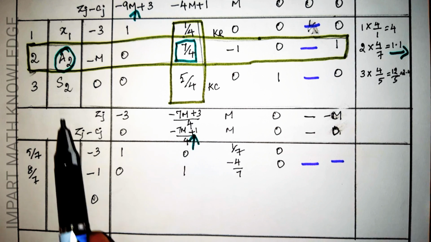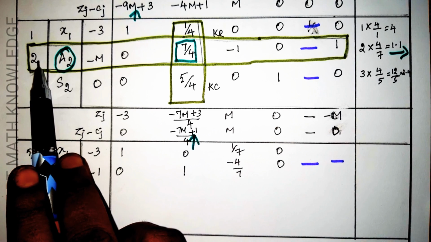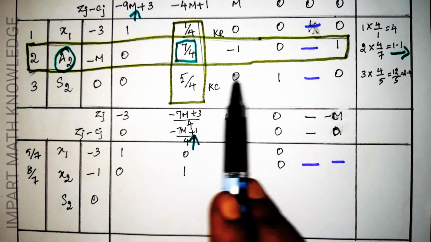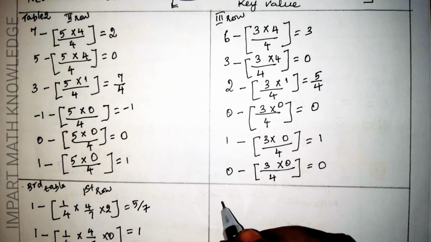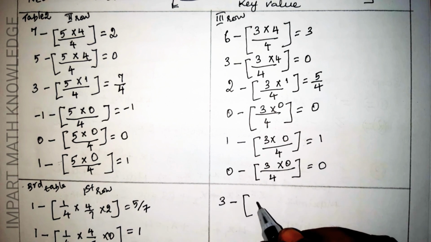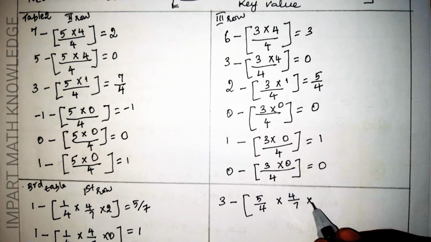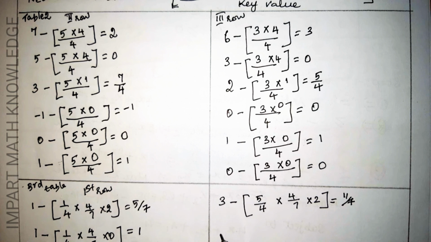For the third row, old value is 3, key column value is 5 by 4, key row value is 2 and key value is 7 by 4. Like that you have to calculate for all the other values. Let me write. Old value is 3 minus key column value into key value into key row value, that is 11 by 7. The next value is 0 minus key column value into key row value, that is 0.